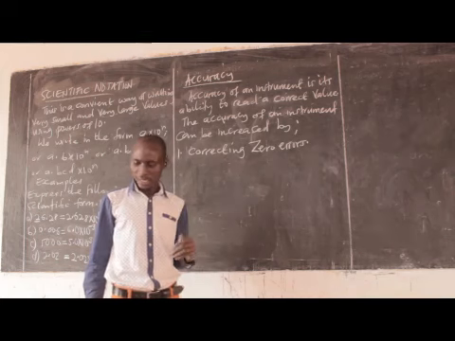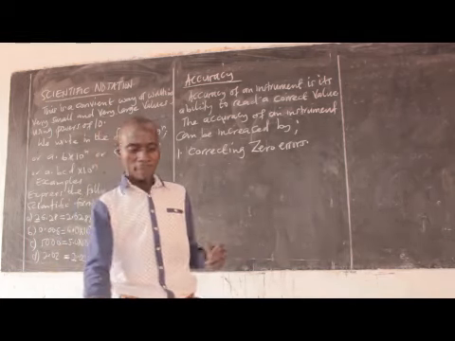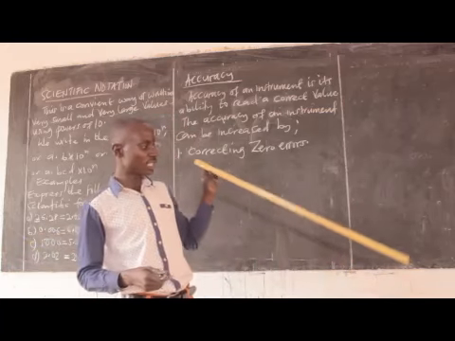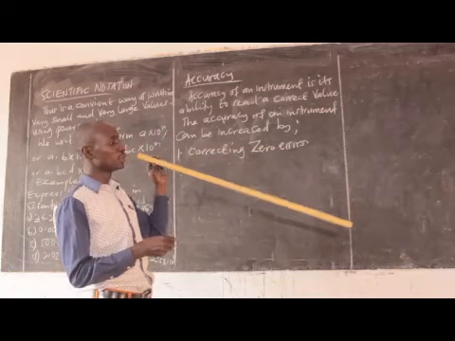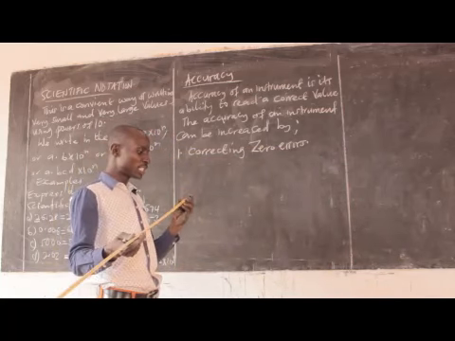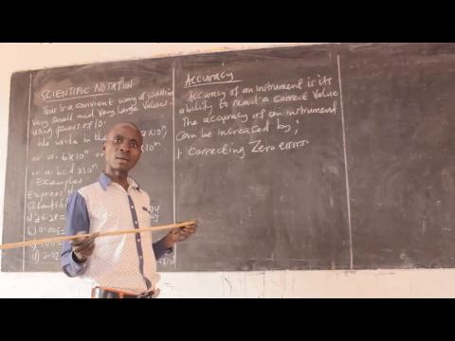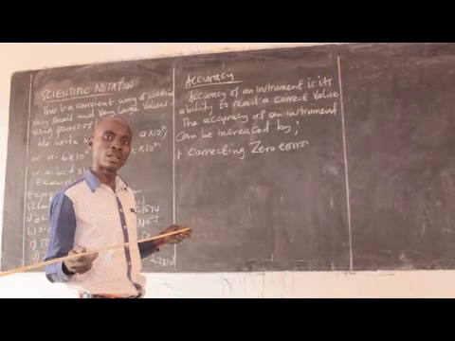Before you start using a given instrument to take measurements, for example a meter rule, first find out if it has a zero mark, because measurements must be started from zero.